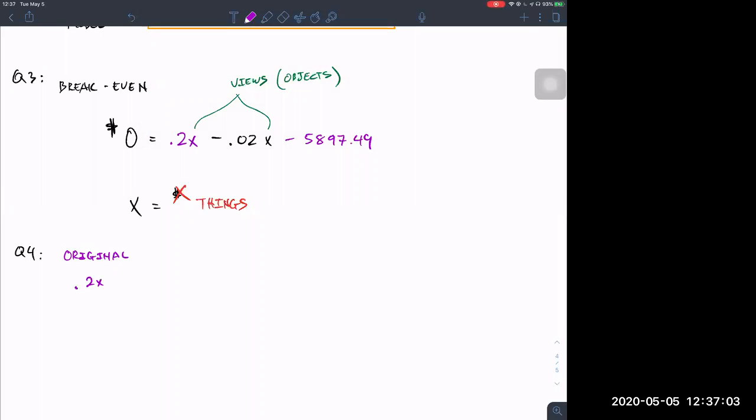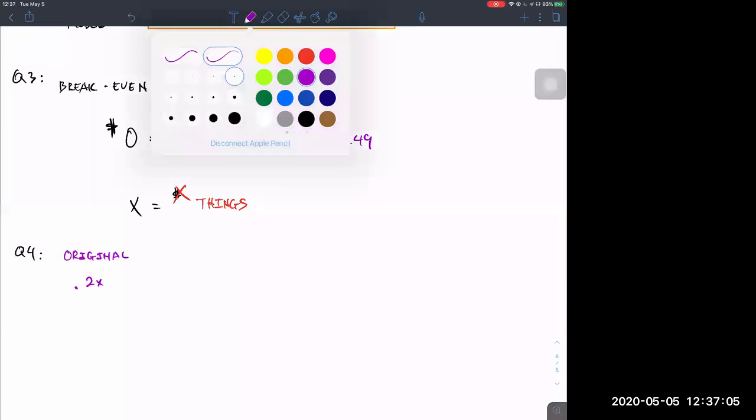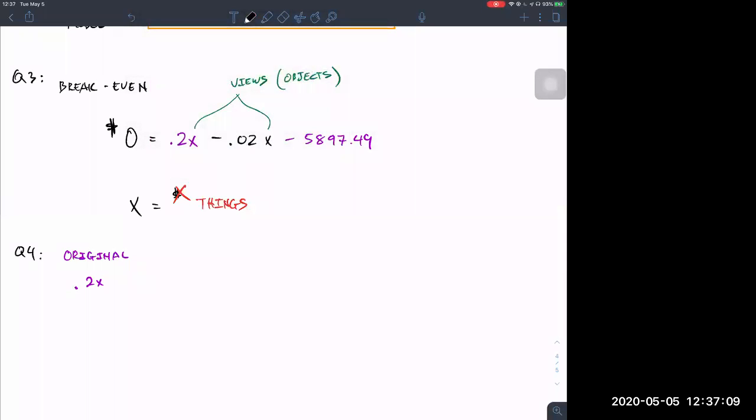Just kidding. That was a fried chicken joke. This is now changed to, what did I say, 50 cents? So it's now 0.5x. I should do that in a different color.